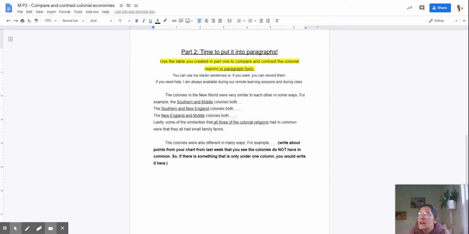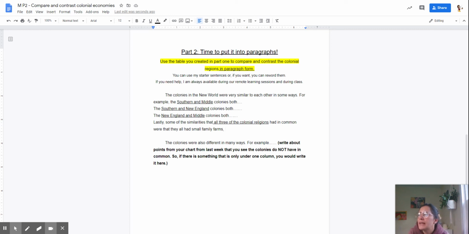All right, lastly, it says the colonies were also different in many ways. For example, right there, that's where you're going to find the things in your chart that are only under one colonial region. If you find it only under the middle colonies, maybe, right, you'd say, for example, only in the middle colonies, they did something or had something.